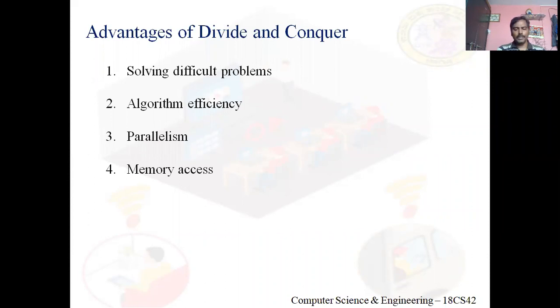In the sorting problem, prior to knowing the divide and conquer strategy, how did you sort using the brute force strategy? You might have applied bubble sort, or you might have applied selection sort. I would have applied selection sort or bubble sort.